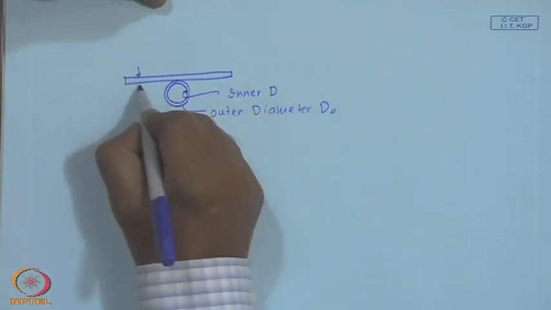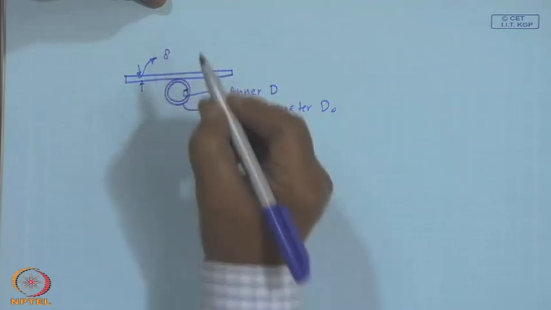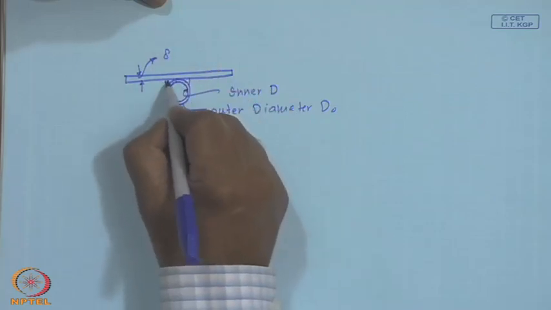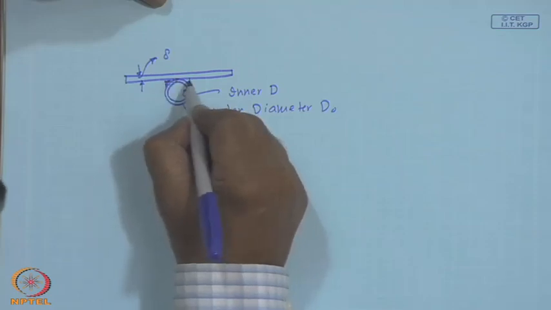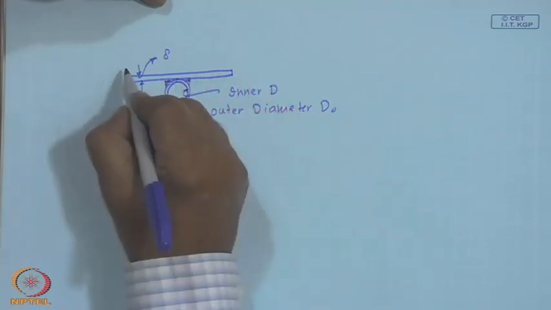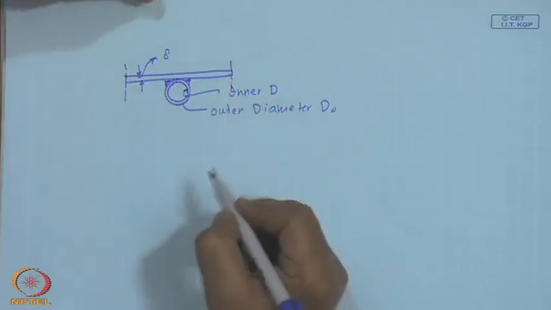Let the thickness of the sheet be delta, and this tube is joined with a solder or some bondage. So, this is the mid plane and this is the mid plane.